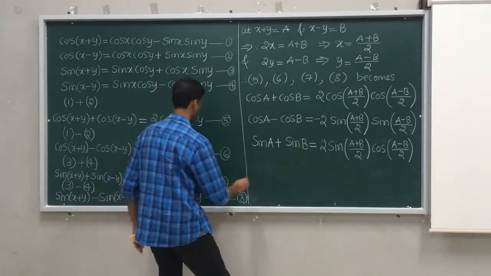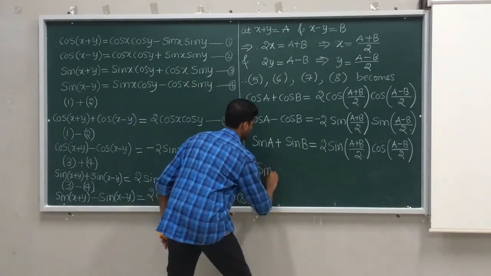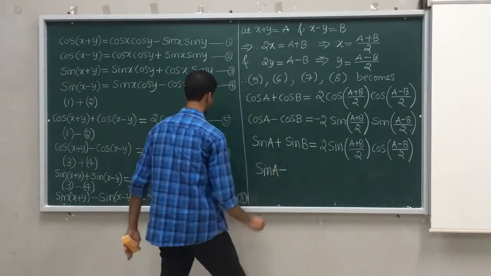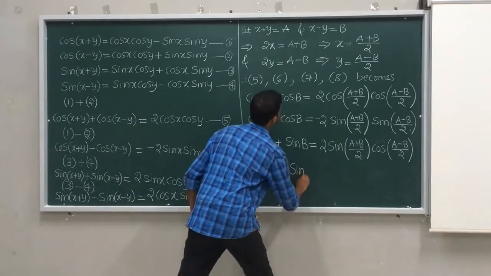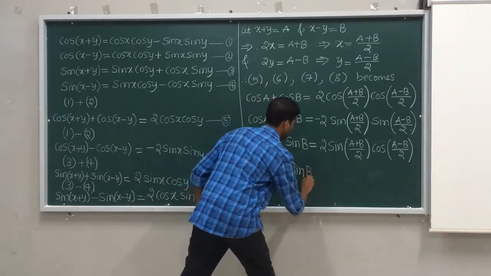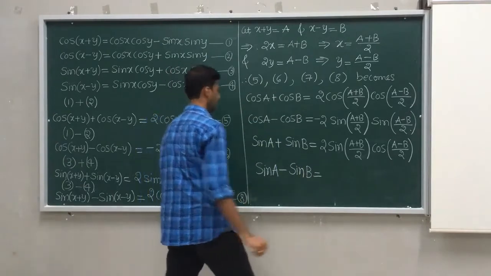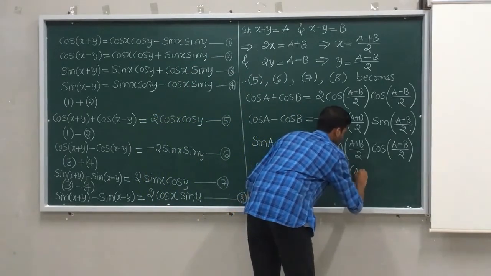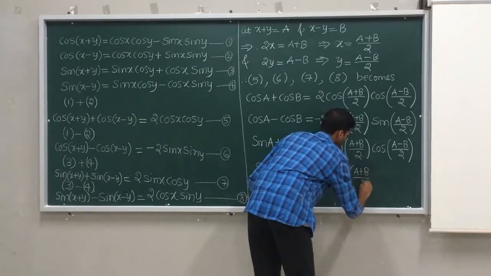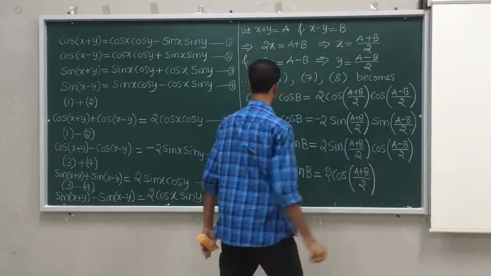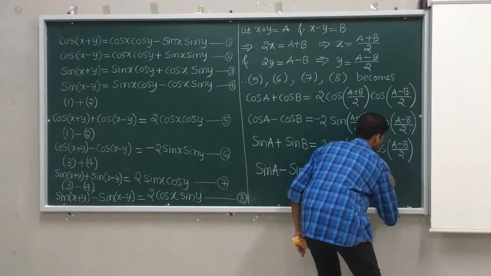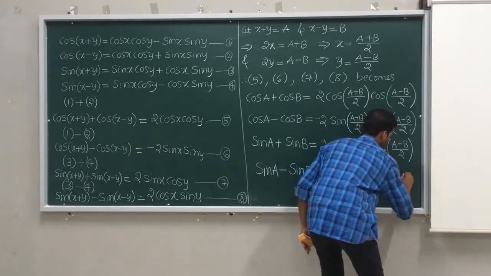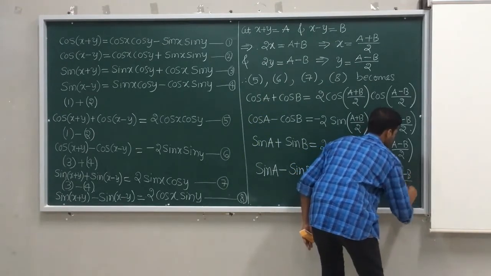Lastly, sin a minus sin b, because x minus y is b, is equal to 2 times cos a plus b by 2 sin a minus b by 2.